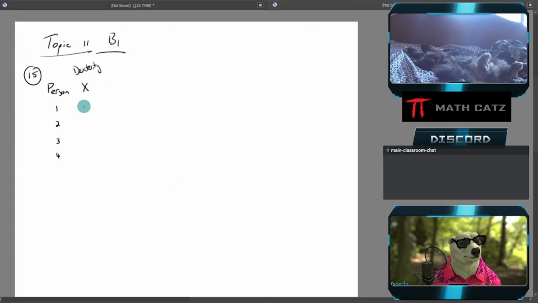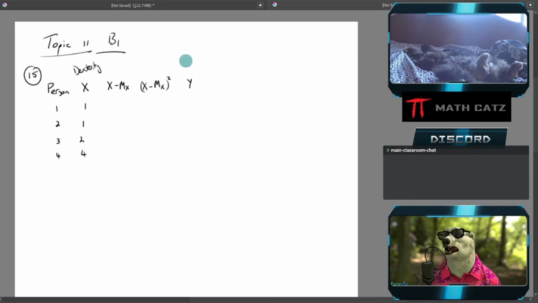So I'll have my X scores here. I'll just copy them over: 1, 1, 2, and 4. We're going to calculate the deviation from the mean, and we're going to look at the squared deviation from the mean. So this time I want to plan my columns here.